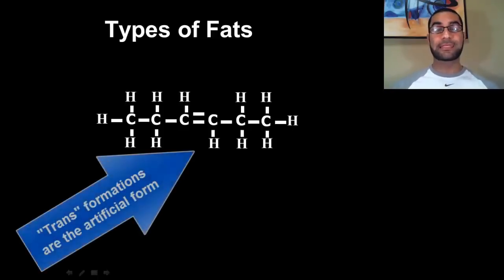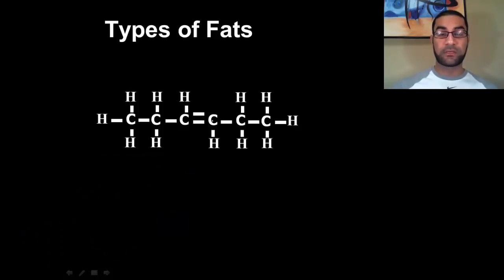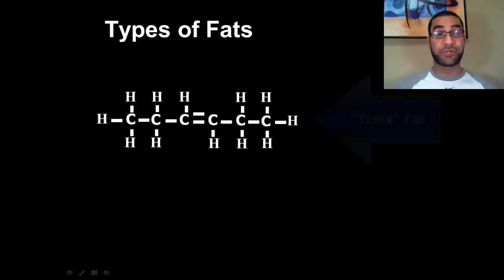So if you can get it to be in a trans formation like this, because it's actually kind of symmetrical in terms of the spacing between hydrogens, there's not going to be any bend that occurs here, because everything's already as spread out as it can get. So even though there's a double bond here, and even though you would expect to see a bend, because it's in a trans formation like this, it stays straight. So this is what we consider a trans fatty acid, or more commonly known as a trans fat.